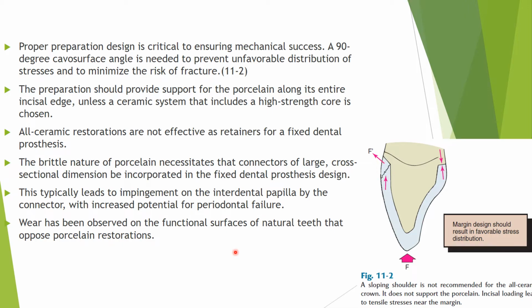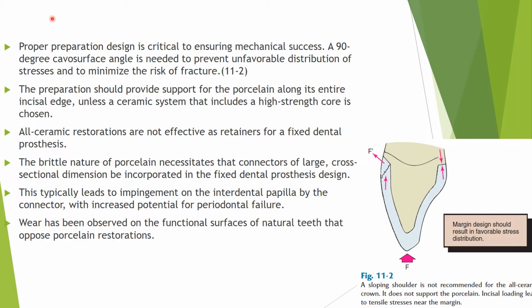All right, the preparation should provide support for the porcelain along its entire incisal edge unless the ceramic system includes a high strength core. All ceramic restorations are not effective as retainers for fixed dental prostheses.